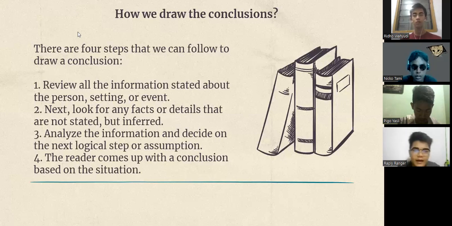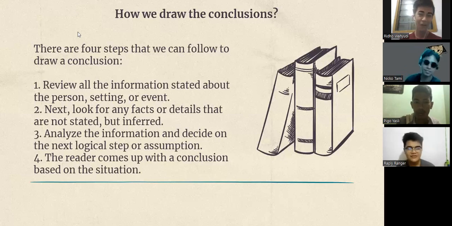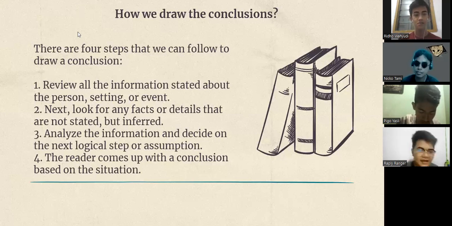Okay. The next part is steps: how we draw the conclusion. There are 4 steps that we can follow to draw a conclusion. The first step is to review all the information that is stated about the person, the setting, the thing, the event, or something like that.